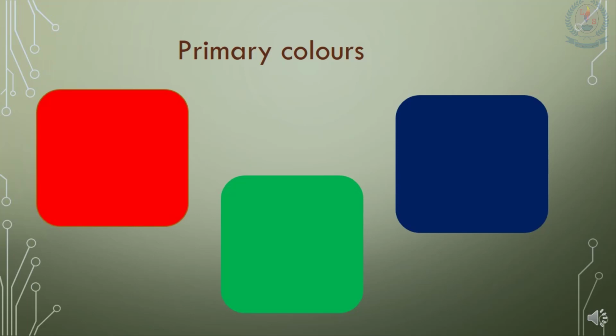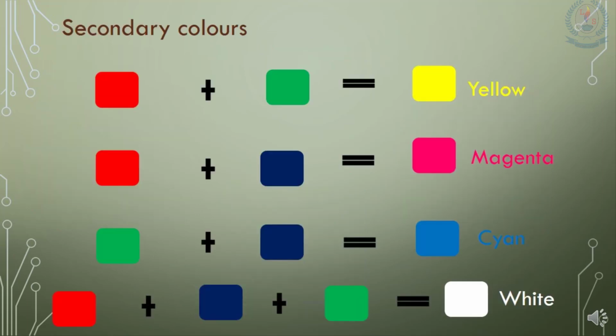Now let's see what the secondary colors are. As I told you before, children, from the primary colors we can get secondary colors. Now let's see, using these 3 primary colors, how can we get secondary colors. If we add red color to green color, we will get yellow color.